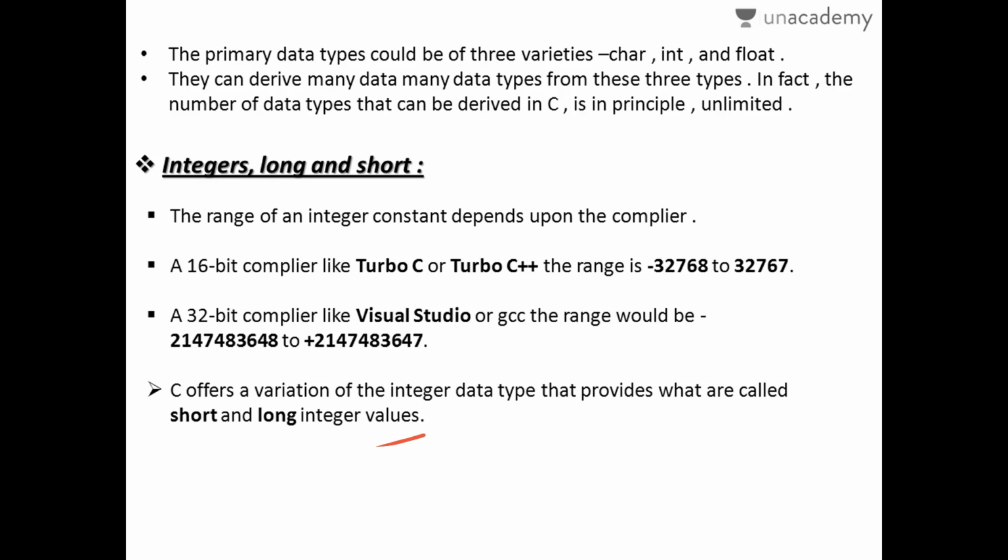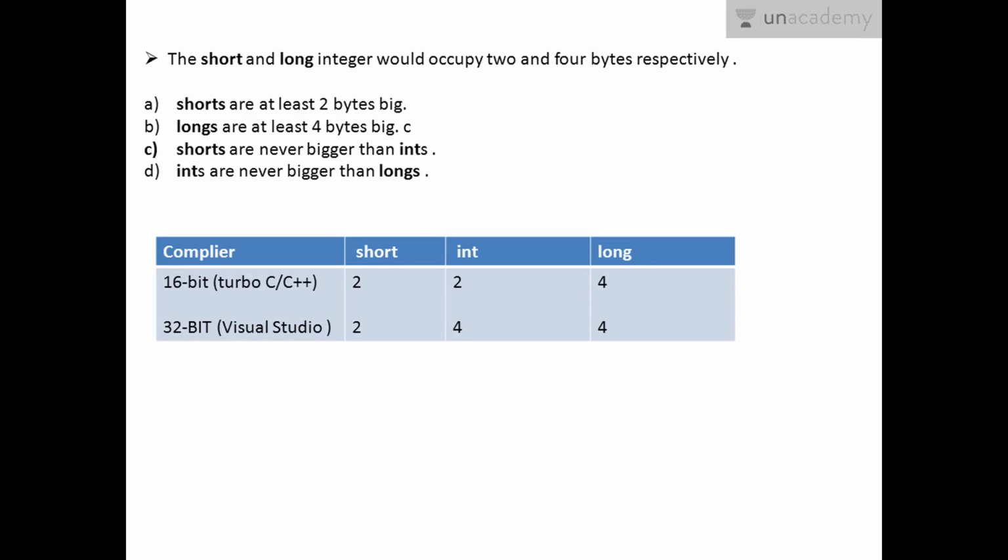C offers variations of integer data types to provide short and long. Though we discuss here long integer and short integer, usually in C we write it as long or short integer values.